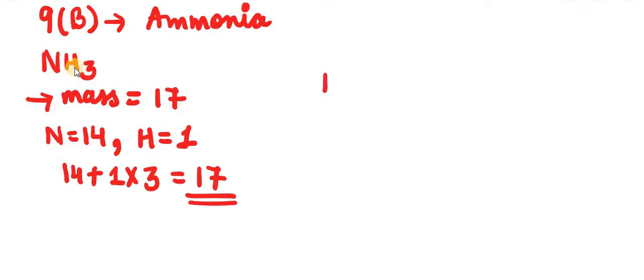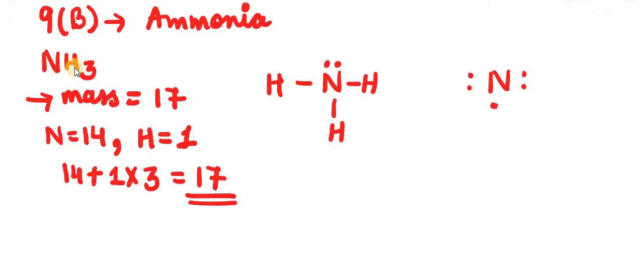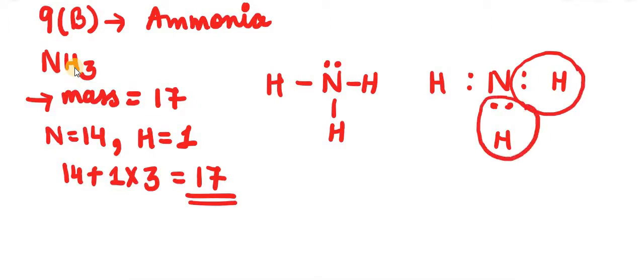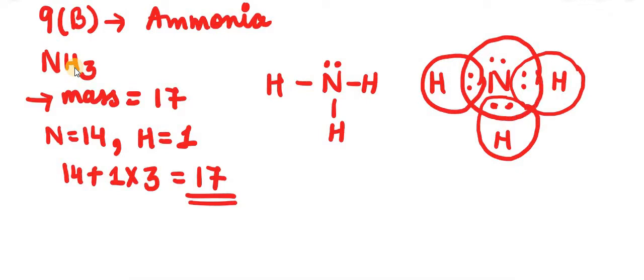And if we talk about its structure, there is 1 nitrogen and hydrogens, and 1 lone pair is there. If we talk about its orbital structure, then we have hydrogen, hydrogen. Each hydrogen is sharing electrons with nitrogen to complete its duplet, and along with that, the nitrogen is sharing electrons with the 3 hydrogens to complete their octet.